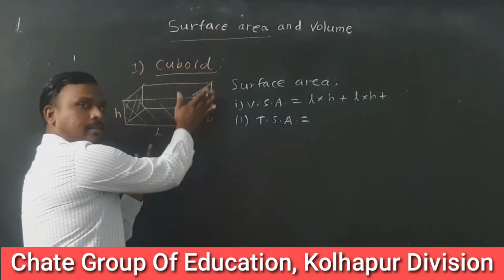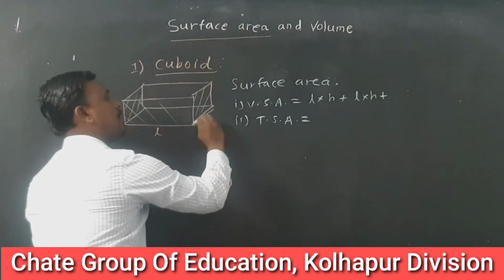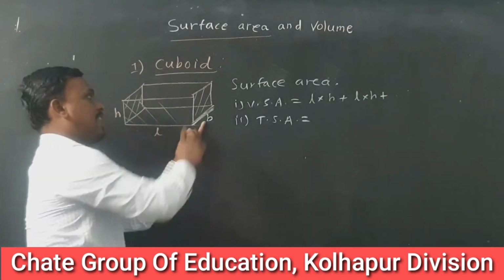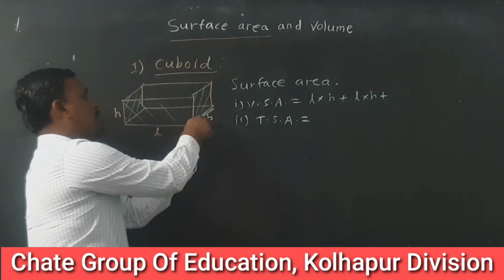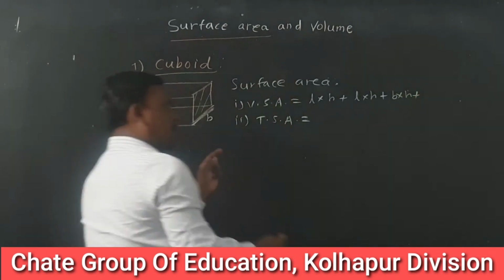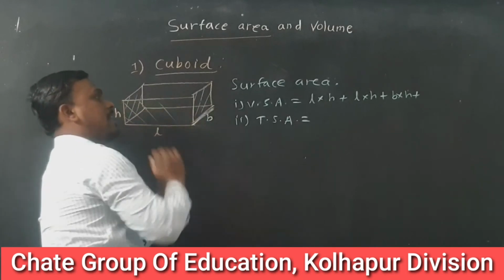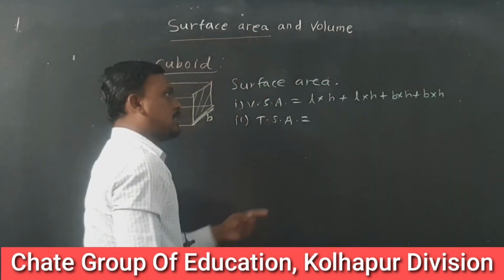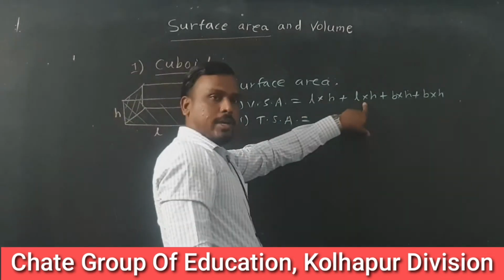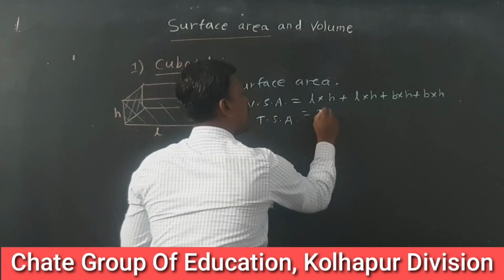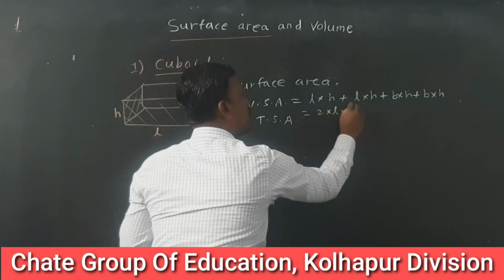Now this side has B as length and height as width, so its area will be B into H. Add B into H, and again the back side has the same area, so write B into H. Now L into H appears two times, so we can write 2 times L into H.